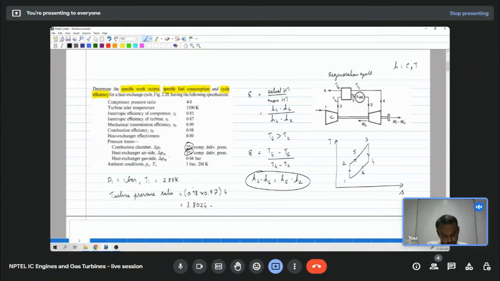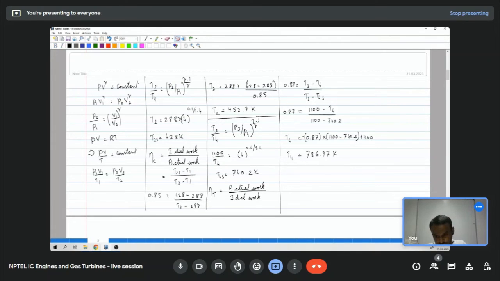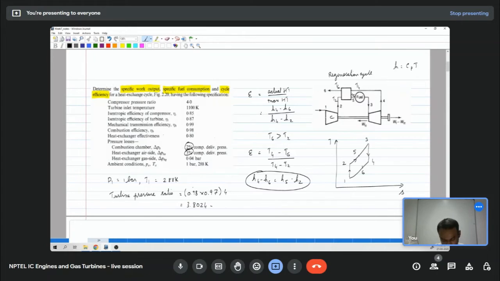So now using effectiveness, effectiveness is 0.8.